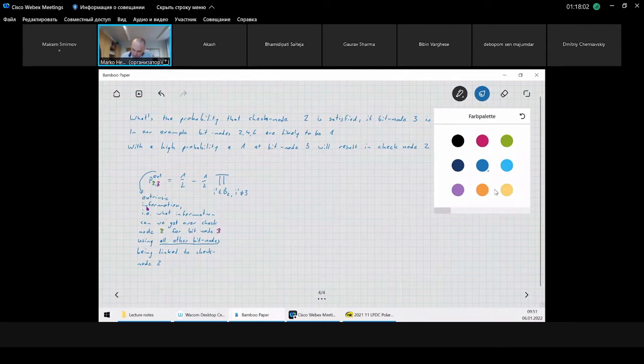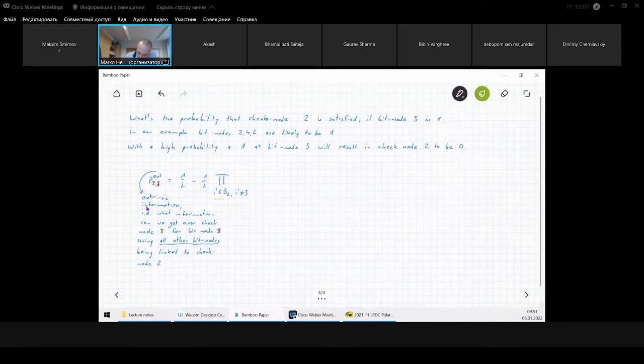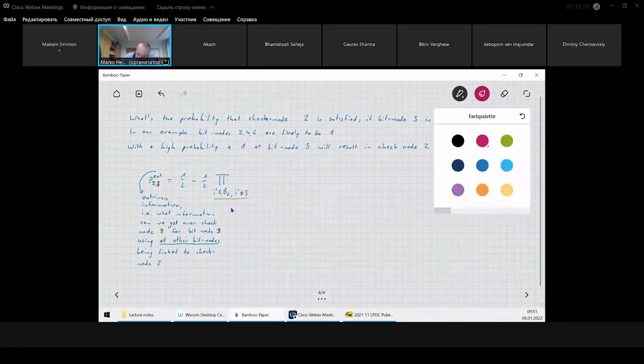So basically this means I prime element B2. These are actually the green links in the drawing before. So B2 are all bit nodes with a link to check node 2. So we use all of them, just not the one we are interested in, just not 3.